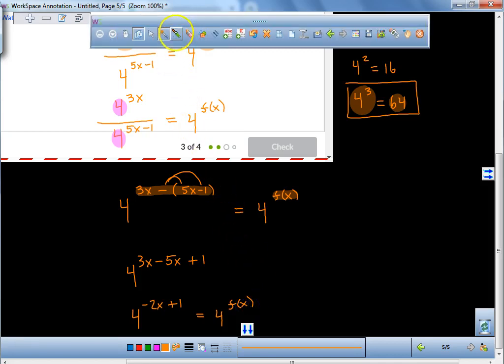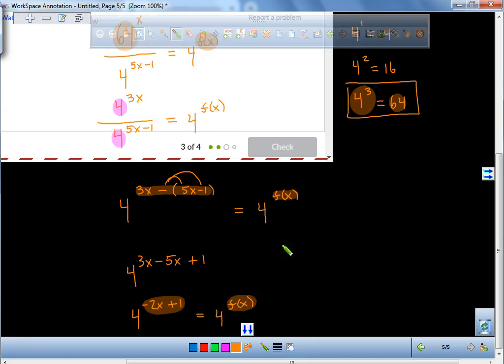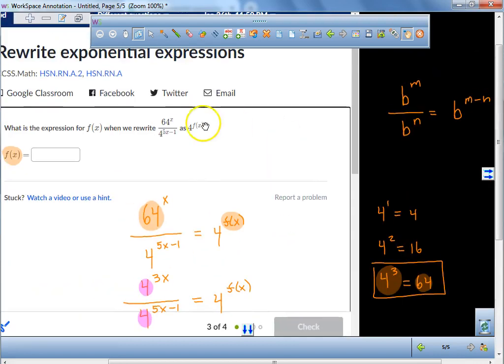What is f of x going to equal? Close. Negative 2x plus 1 is what f of x will equal. Just remember, the whole purpose is to figure out what would go up here. That's why we're going to type in negative 2x plus 1.